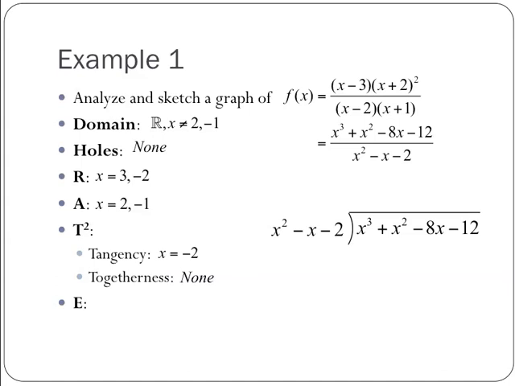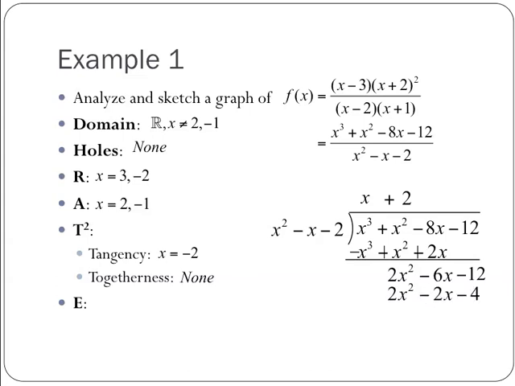So doing long division, we have x up here. Multiply that, we have x cubed minus x squared minus 2x. Subtract, and this comes out to be 2x squared minus 6x, bring down the minus 12. Apply division again, so we have positive 2 up on top. Multiply, we have 2x squared minus 2x minus 4.